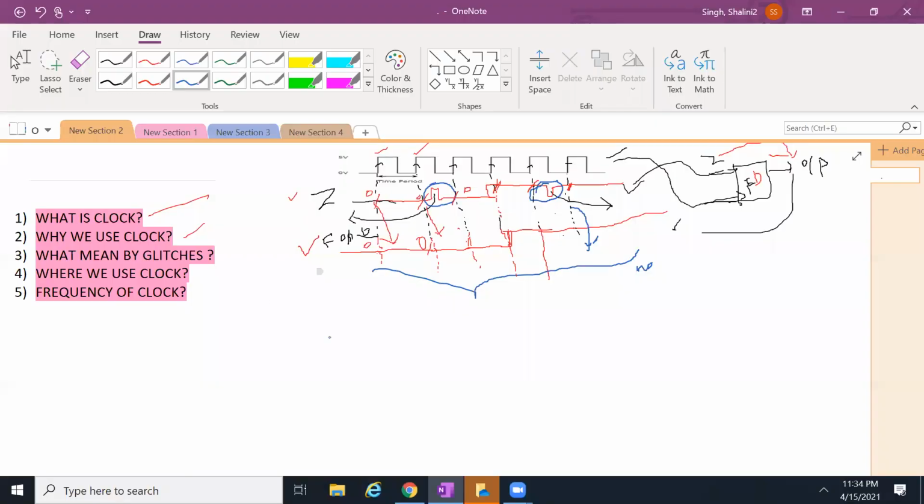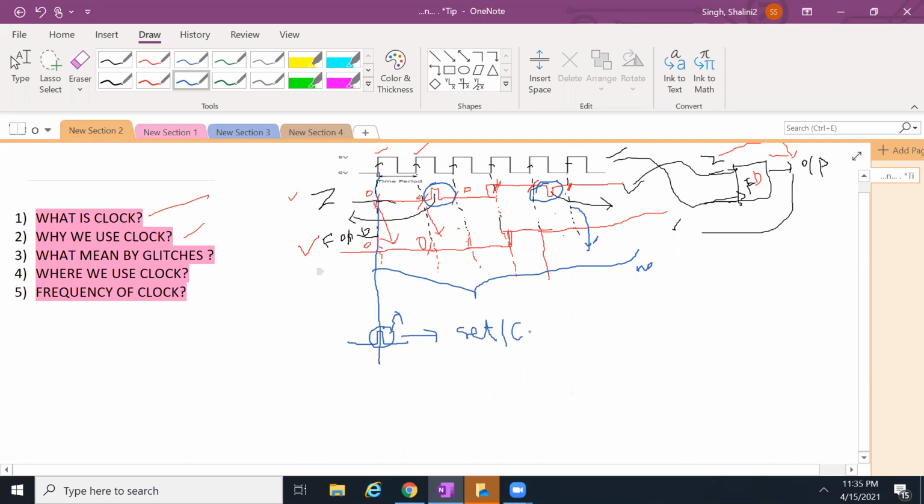So guys, one question always comes to mind: what happens if at this particular edge our glitches are coming and changing, right? Okay, but this is not our expectation, but the hardware is generating these glitches. So for that also, we generally talk about the setup time and hold time of the clock.